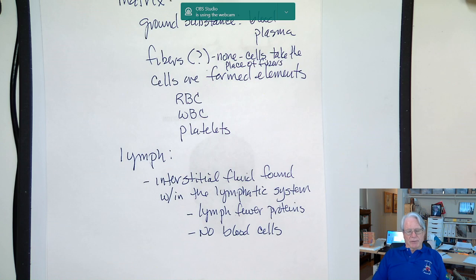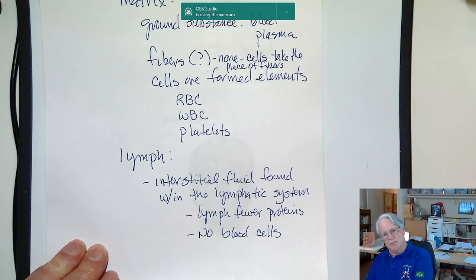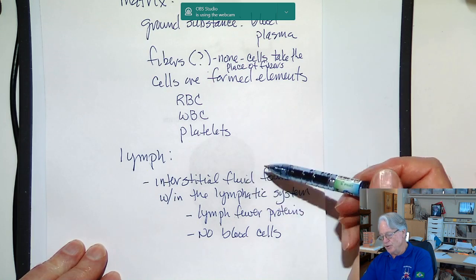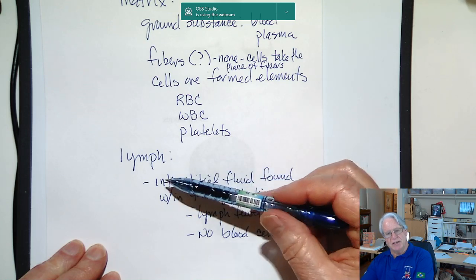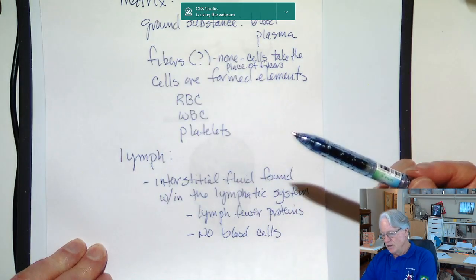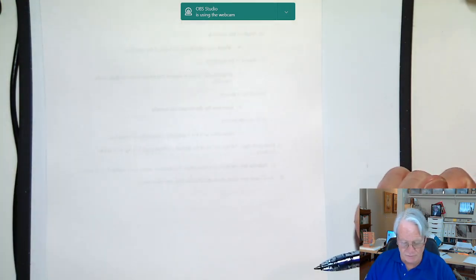You're going to talk about lymph when you do the immune system in 40C, and you'll see how this fluid, that is normally circulating around cells, ends up in the lymphatic system. It's kind of an interesting story.